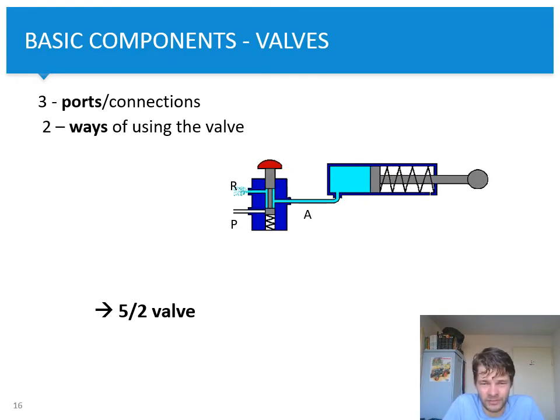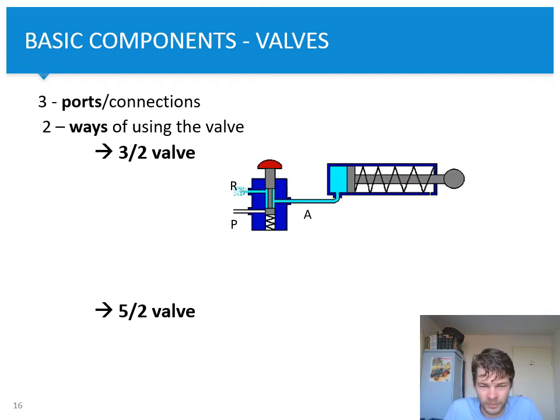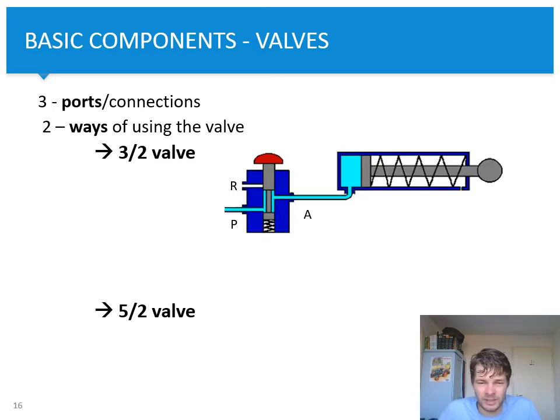In this case, you can see that there are 3 ports connected and that there are 2 ways of using the valve. We can either connect the pressure side to the A hose, or we can connect the retour to the A hose. So there are 2 ways of operating this valve, and thereby we call this the 3-2 valve. So it's this valve.